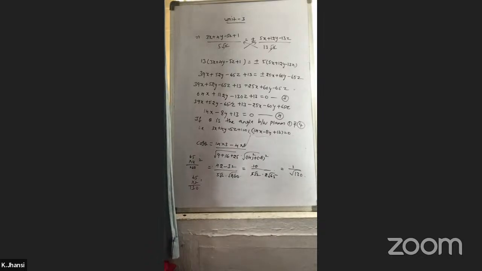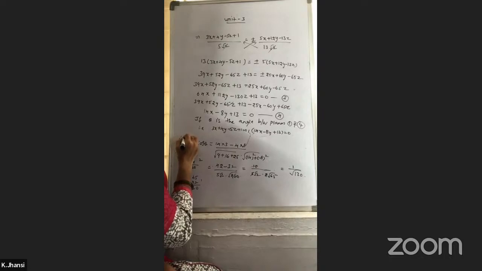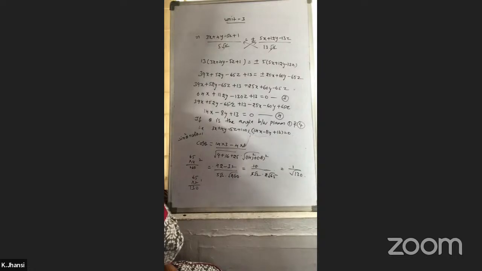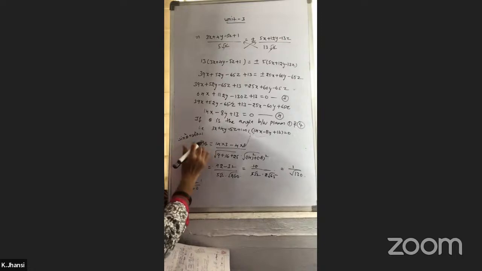Sin theta is root of... we know the formula, no? That is sin square theta plus cos square theta equals 1. With the help of that, cos theta equals under root of 1 minus sin square theta. Okay. So from here, we need sin theta. We already know the cos theta value, so we need sin theta. So sin theta equals root of 1 minus cos square theta.